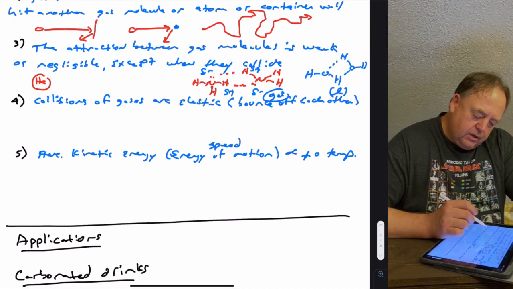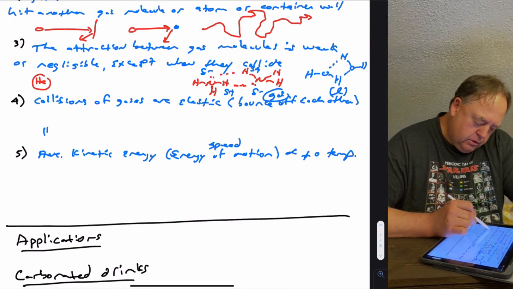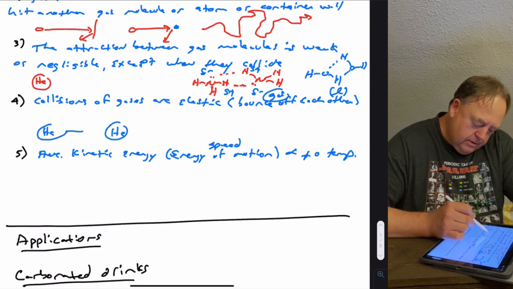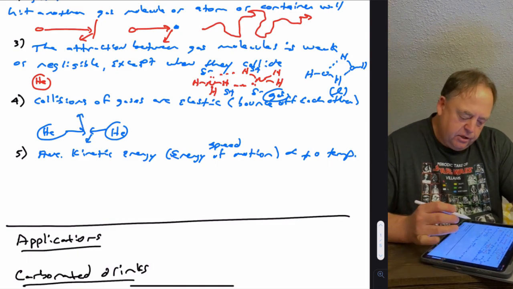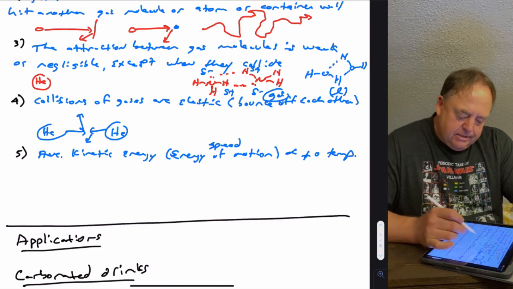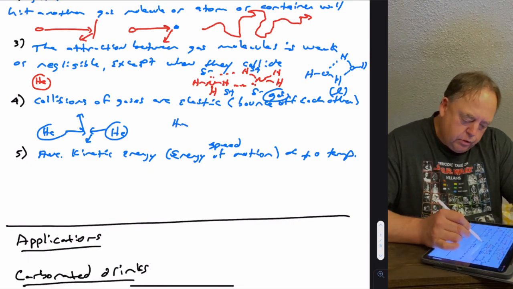Collisions are elastic. So when 2 gas molecules hit each other, they just ricochet off of each other, like billiard balls. Again, this is more true for some gases than for others.